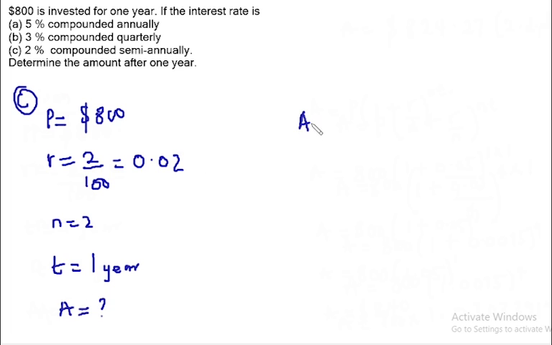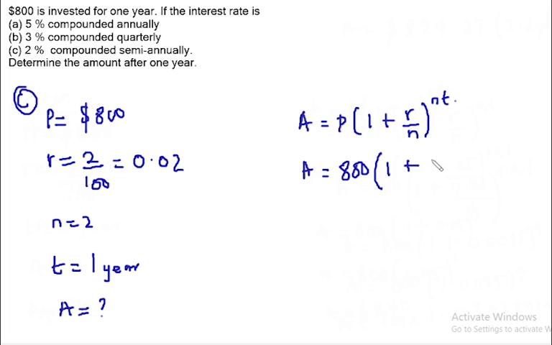The amount is equal to P open bracket 1 plus R over N to the power of NT. A is equal to P, which is 800. So you plug in 800. 1 plus R is 0.02, 0.02 divided by 2. And then to the power of 2 times 1.